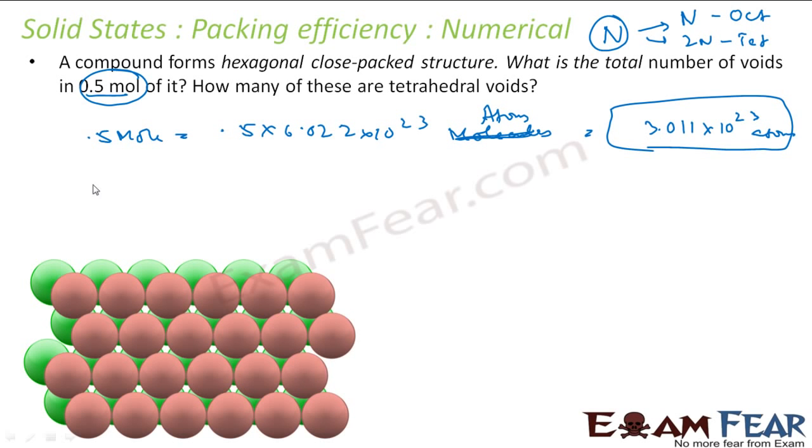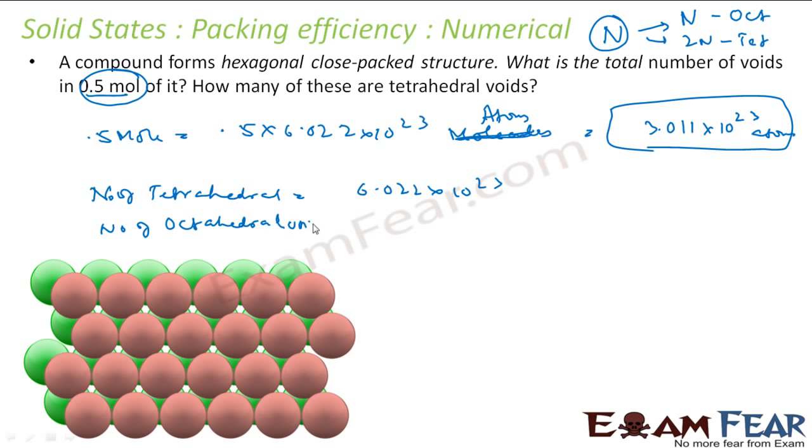Since we have these many atoms, the number of tetrahedral voids is double of this, that is 6.022 × 10^23. The number of octahedral voids is similar to the number of atoms, that is 3.011 × 10^23.